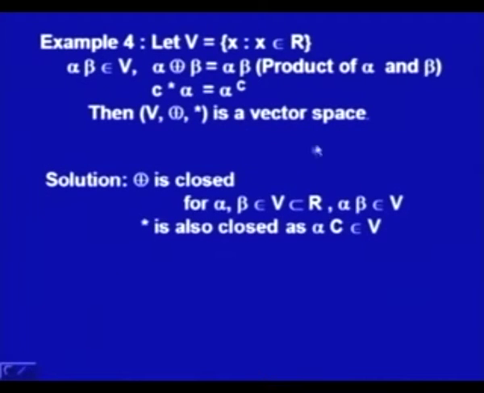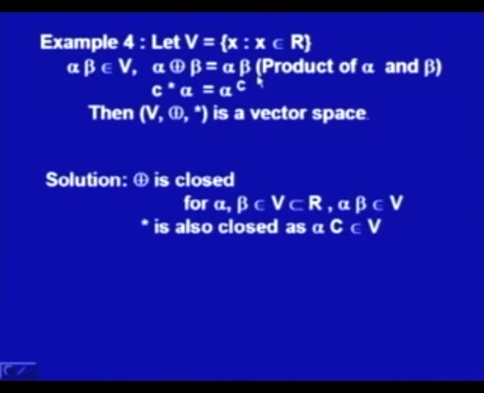Now, to prove this, I have to first check whether this operation is closed or not. For this I consider two vectors alpha and beta belonging to V. But what is V? V is actually a subset of R. When alpha and beta belong to V, then the product alpha beta also belongs to V, because multiplication of two real numbers is also a real number.